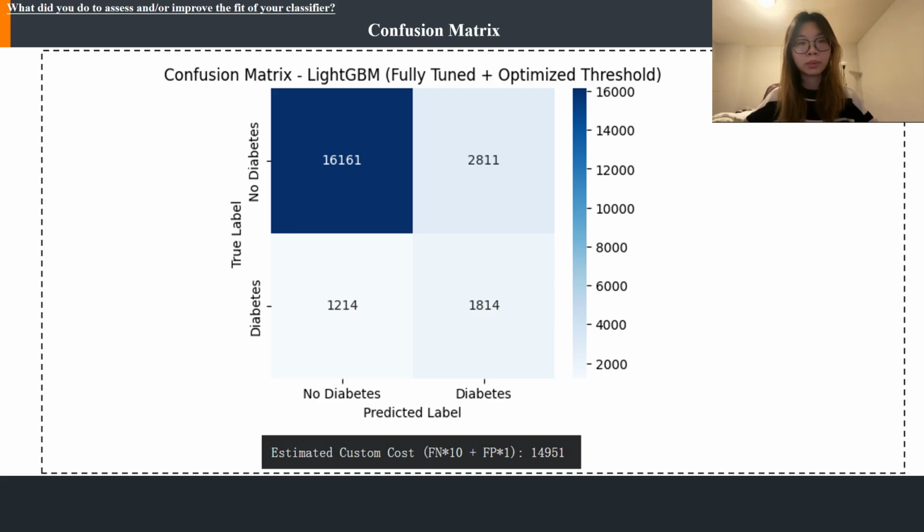Our LightGBM model correctly identifies 1,814 true diabetics but missed 1,214 patients and falsely flagged 2,811 healthy individuals. In a loan default prediction scenario, a false positive represents opportunity cost, while a false negative leads to direct financial loss.